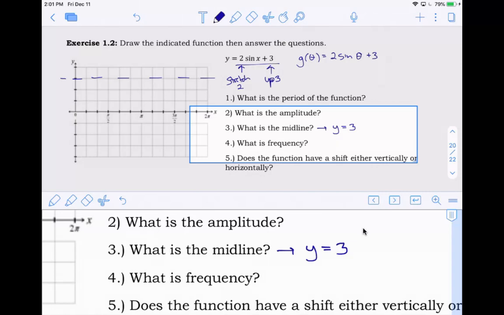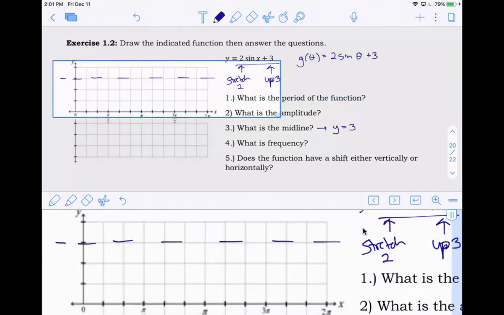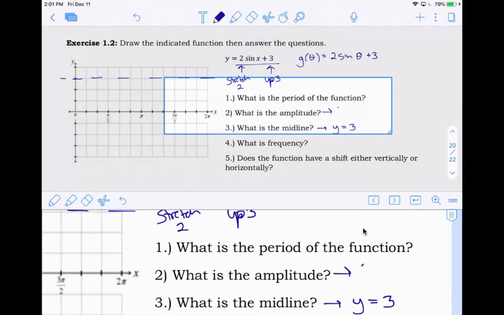Amplitude. In a basic sine function, that was just up 1, down 1. Just went up 1 and then came back down 1 and then went back up 1. In this case, that's twice as much. So instead of going up 1, it's going to go up 2 and down 2. And that is, by definition, the amplitude.